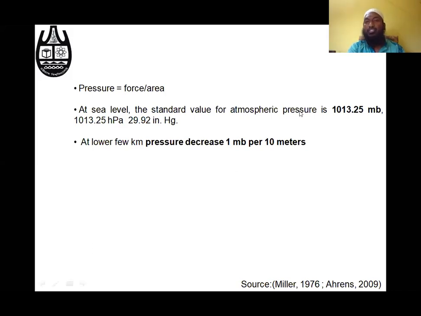Depending on your position, this is very important, because pressure has a significant variation and significance for different atmospheric phenomena. Such phenomena include cyclones, tornadoes, and many others.